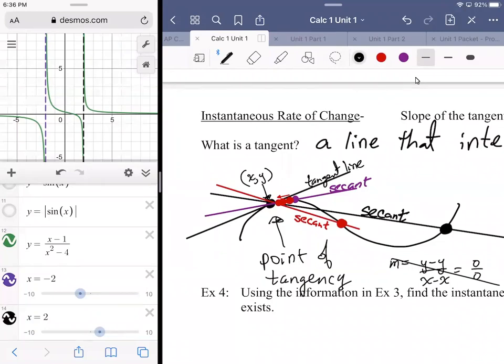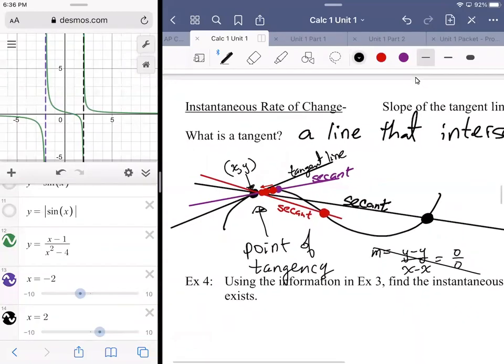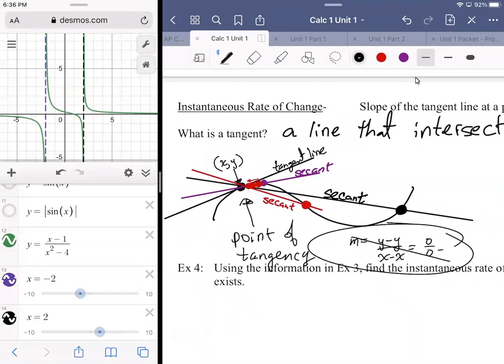The issue is I can never actually get to that initial point, because if I did, I fall into this trap. But what I can do is make my second point get closer and closer to the first point so that it's infinitesimally different. So it's only a smidge away.